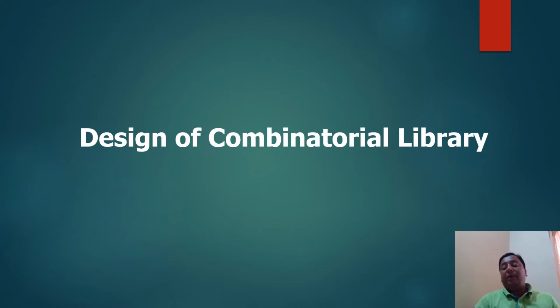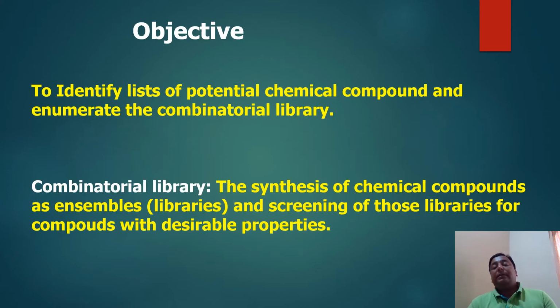So the objective of making this type of library is to identify a set of compounds, a list of what we can call potential compounds, and make combinatorial libraries for these compounds, which should also show some drug-likeness properties.